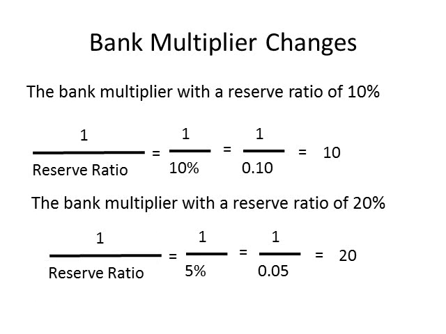First, it has increased the bank multiplier by 2. Before the change in the reserve ratio, the bank multiplier was 1 divided by 10%, or 1 divided by 1/10, which gives a bank multiplier of 10. With a bank multiplier of 10, any loans that the bank made increased the money supply by a factor of 10.